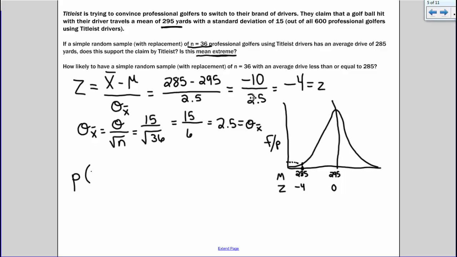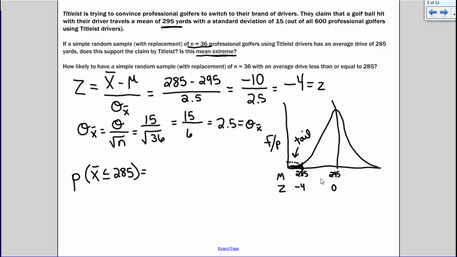So probability of a sample mean less than or equal to 285. So we need to find the z-score of 4 to figure out the proportion of means in the tail, right? This is a tail situation.